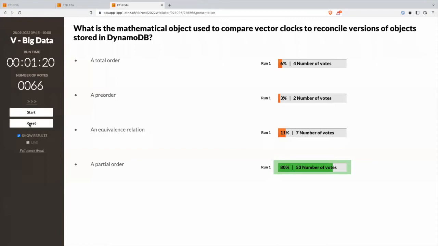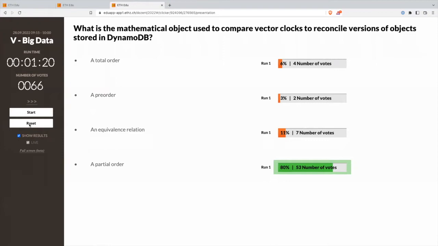For an equivalence relation, the difference is that instead of being anti-symmetric, it is symmetric, right? You basically have that if X relates to Y, then Y relates to X. And the other one, pre-order, doesn't have reflexivity. That's the difference between order and pre-order.